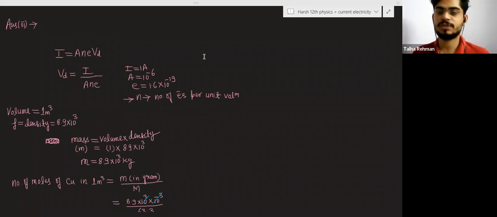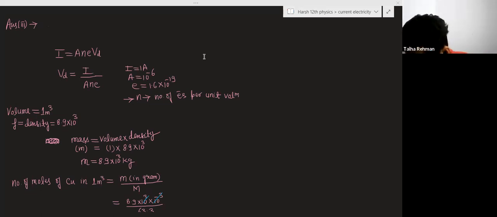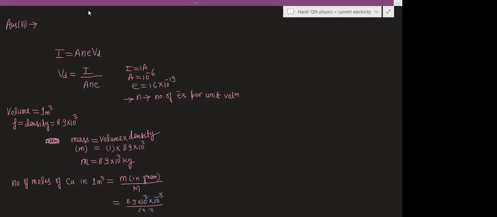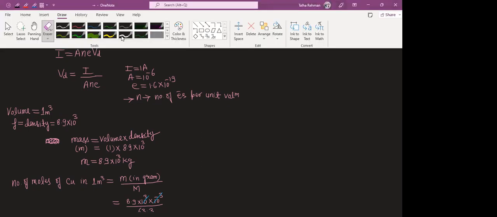That is why I have used this relation. And what is the value of A here? A is the area of cross section, N is the number of free electrons in 1 meter cube. You should remember the meaning of all the terms here.